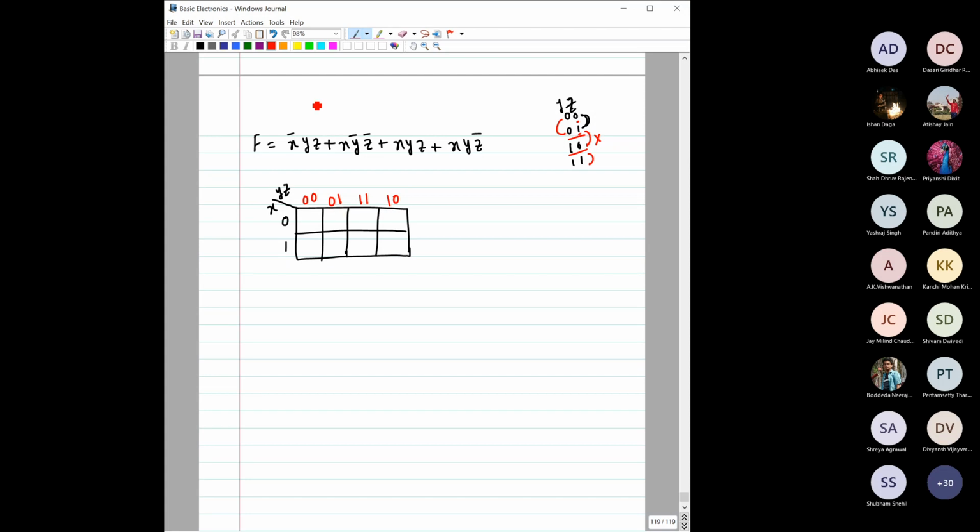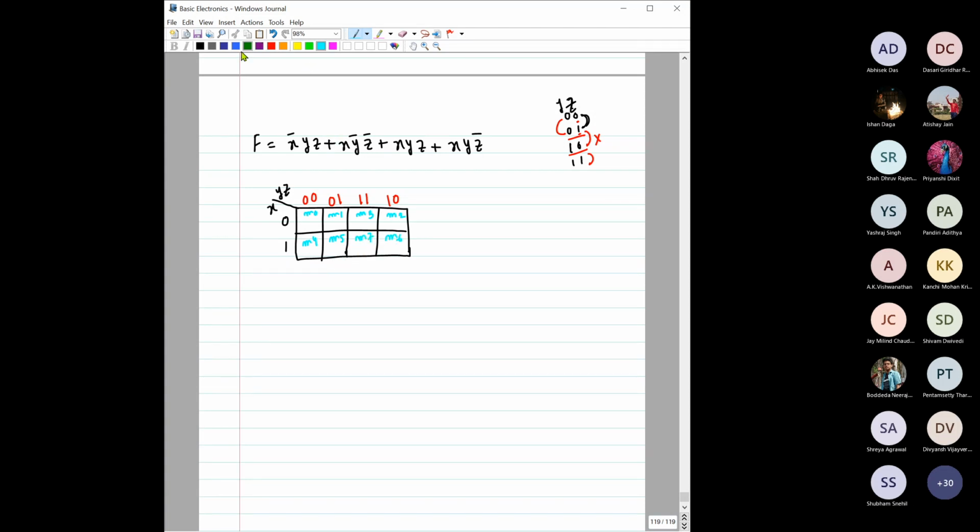So the numbering has been changed here. The numbering is 0 0 0, which is M0. This is 0 0 1, so this is M1. This is 0 1 1, so this becomes M3. This becomes M2. This becomes M4, this becomes M5, this becomes M6, and this becomes M7.